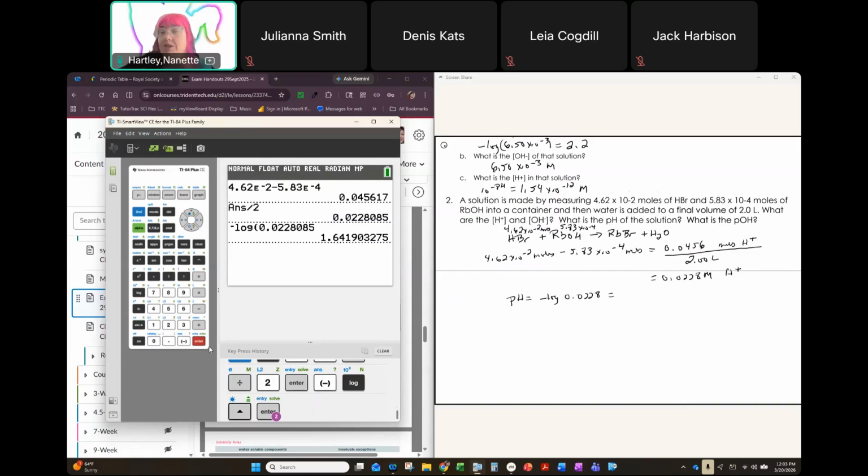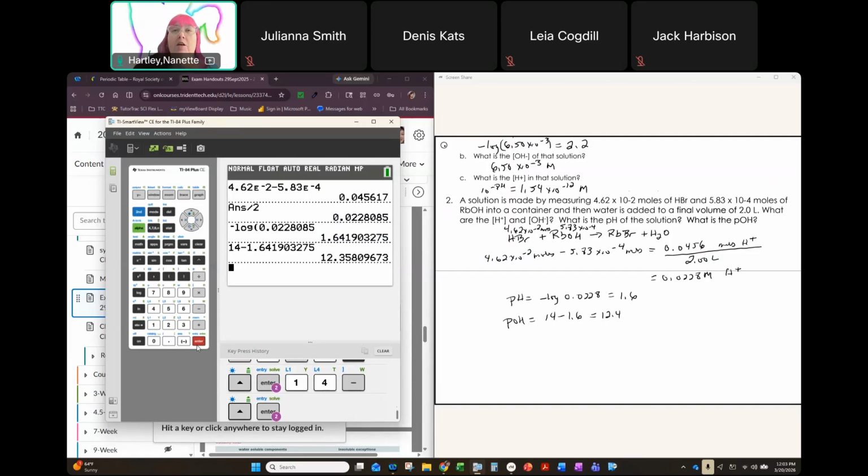That gives me 1.64, which I'm going to report as 1.6. pOH is equal to 14 minus the 1.6, which, if I'm not mistaken, is 12.4. But I'm going to do it on here just because I want to make sure I have all of those numbers to work with to go to the next calculation. So it rounds to 12.4.